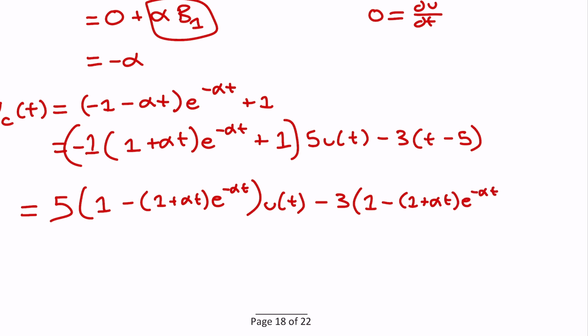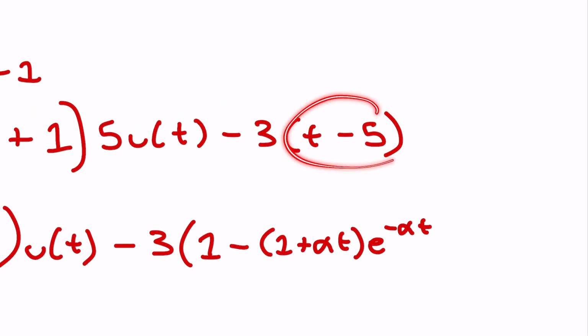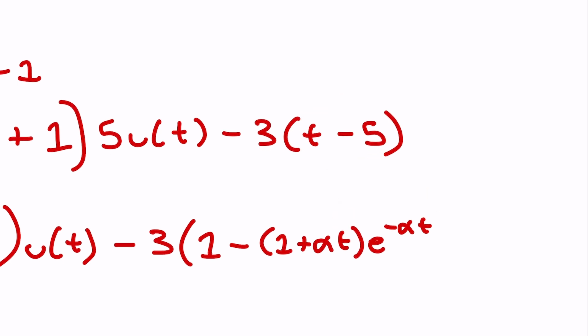Okay, here's the thing. One more thing to keep in mind. All right, we're almost there. Every time you use a unit step function, always look at the time. This is going to be t minus 5, which means this is going to be t minus 5 and this one. So we actually need to write those in.